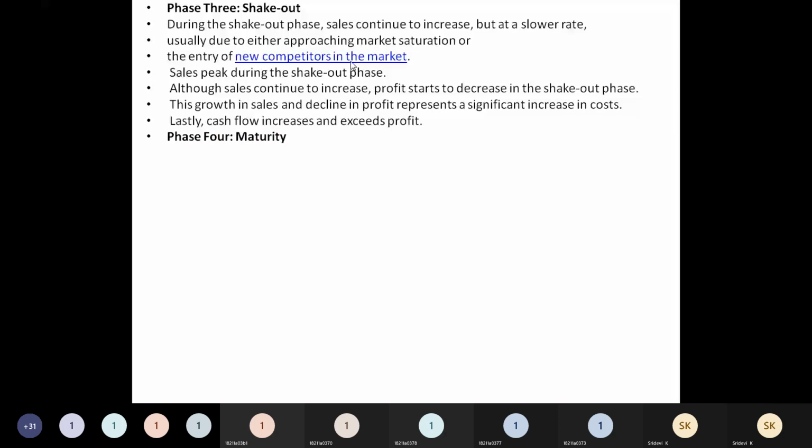That means even though you advertise at this stage, the sales will not increase. The sales will be stagnant.